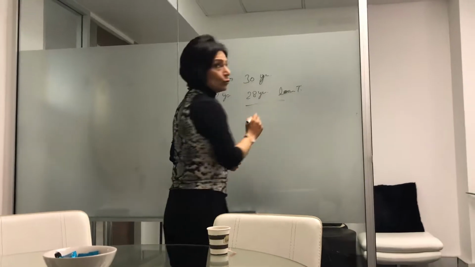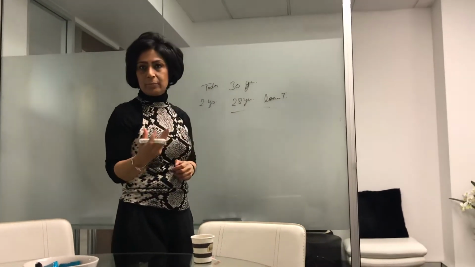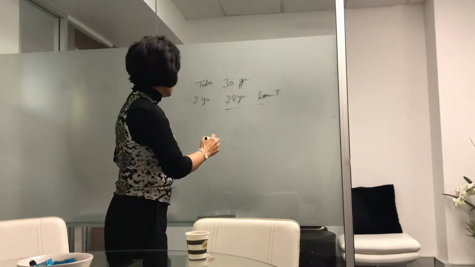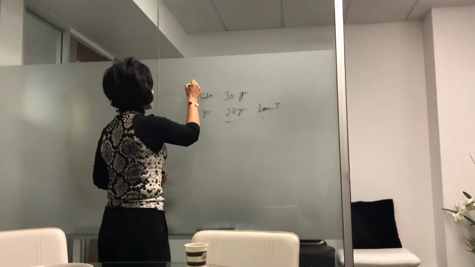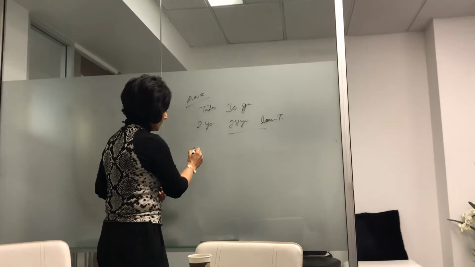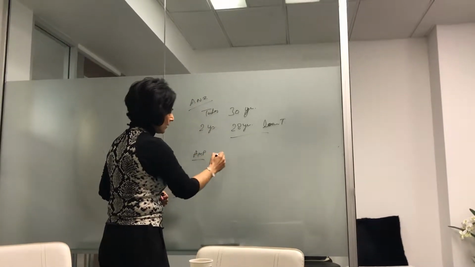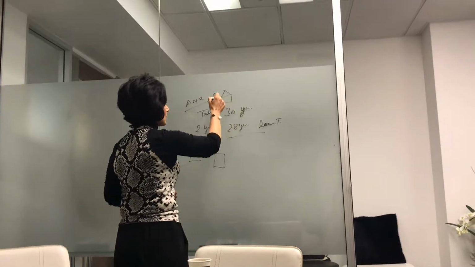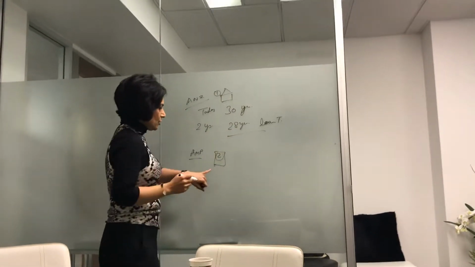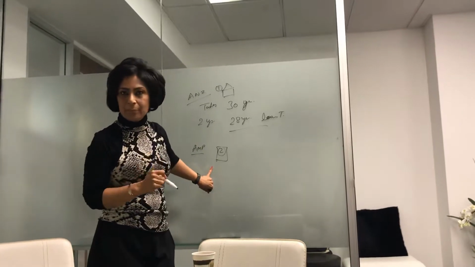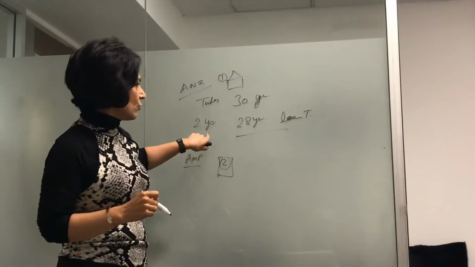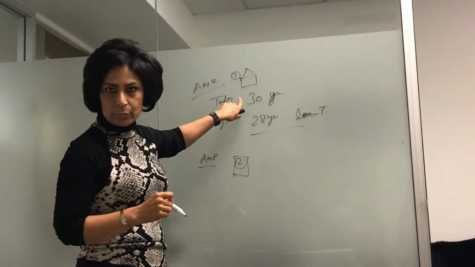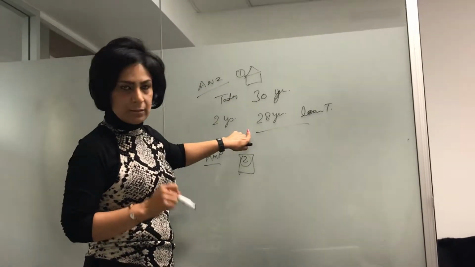Now, if you go to a bank after 2 years, let's say to buy another property, and this first loan is with ANZ, now you go to AMP to buy a second property. When you get a loan from AMP, they want to know the remaining loan term on this existing loan, which is 28 years.